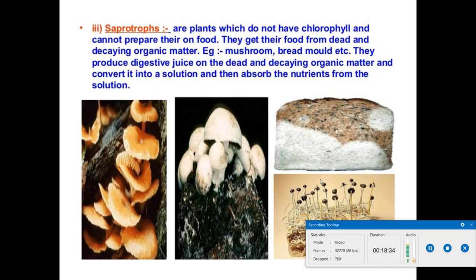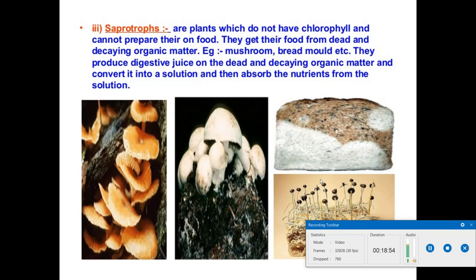Now, let us learn the other mode of heterotrophic nutrition, that is saprotrophic nutrition. And the organisms which carry out this saprotrophic nutrition are termed saprotrophs. Saprotrophs. As we know, trophe is nourishment.